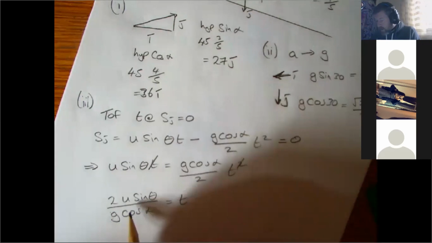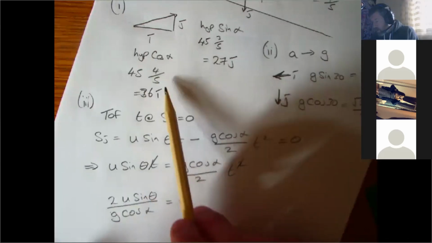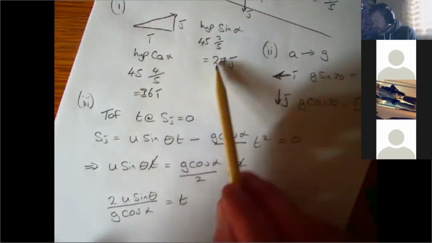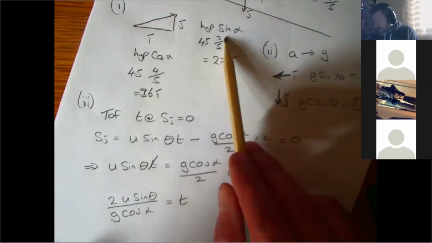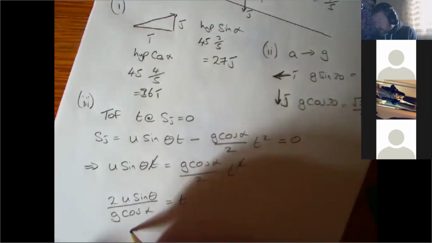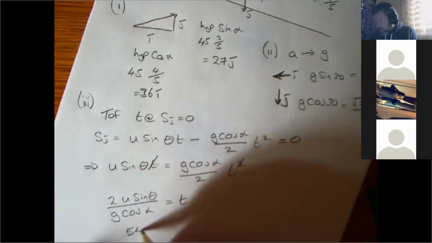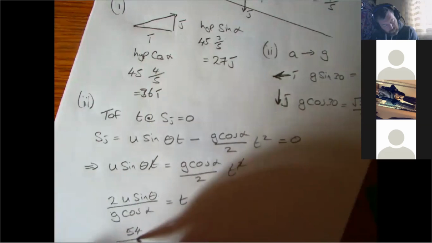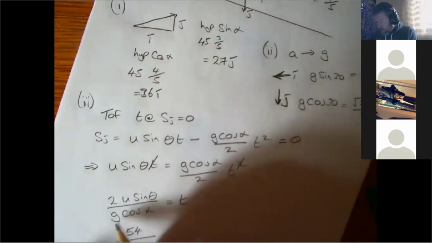So 2U sine theta, well, I should have this earlier. Oh, actually, I've called it the wrong thing. 27, so 54 over G cos, wrong thing.